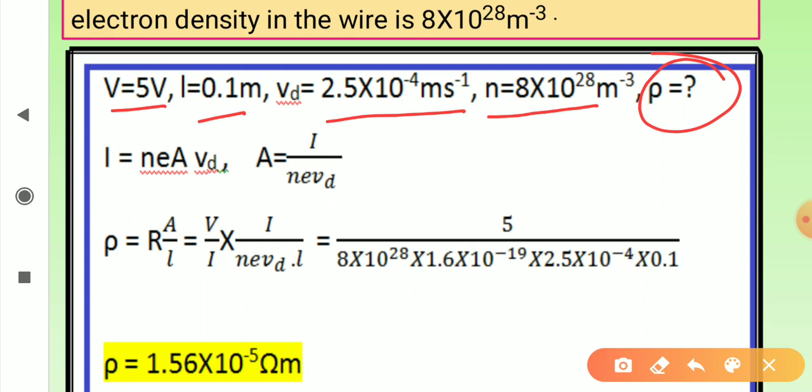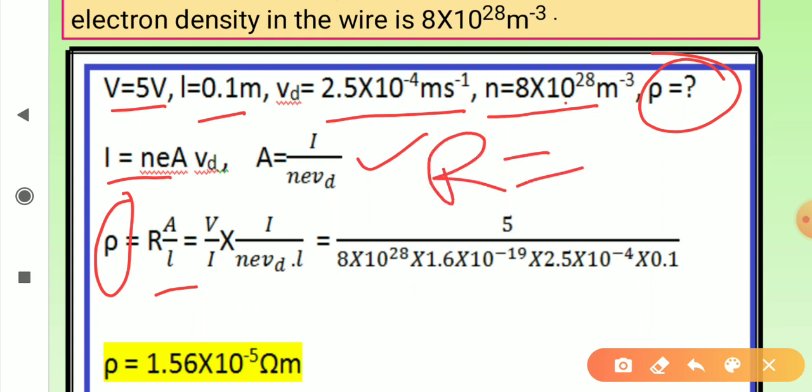So for drift velocity we know this, I = nAeVd, and from here this area A is equal to I upon neVd. Then for resistivity we have this relation, rho = R A upon L. Now resistance R, by Ohm's law, is V upon I, right?